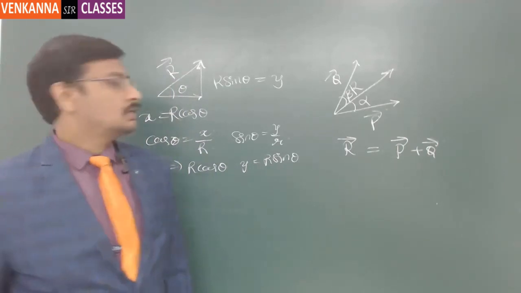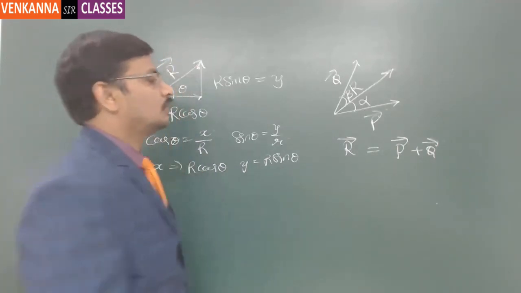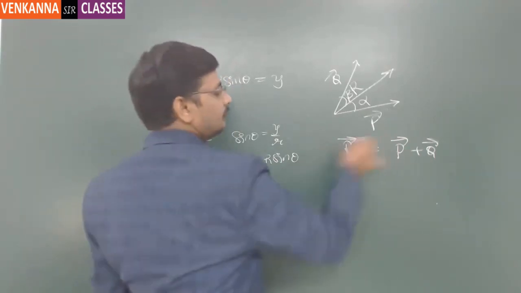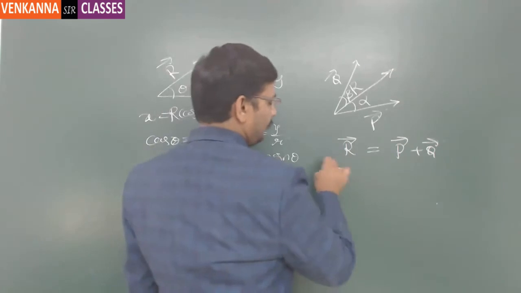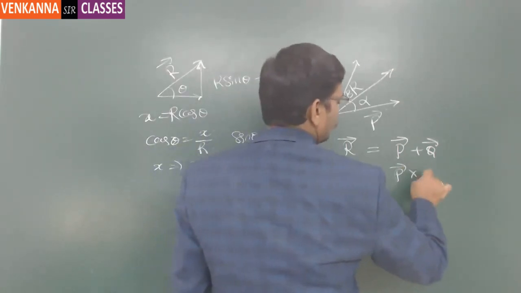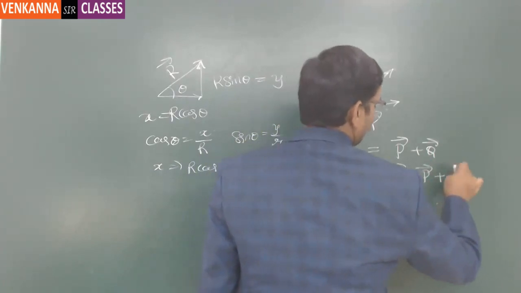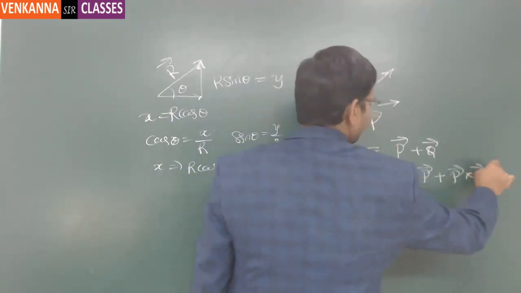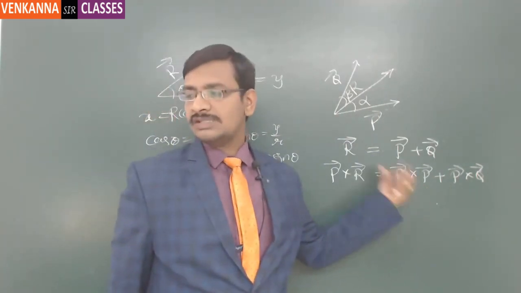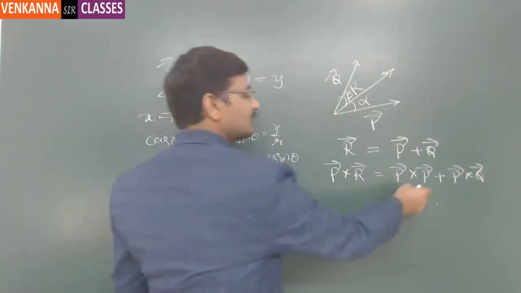Right? So shifting the base may not be useful, so let us see this approach. Suppose I take the cross product with p on either side: p cross r is p cross p plus p cross q. The cross product of the same vectors is always equal to 0, so you can replace this with 0.